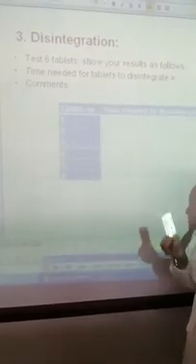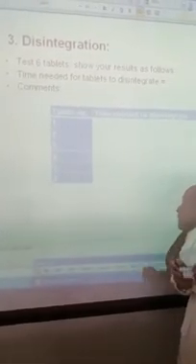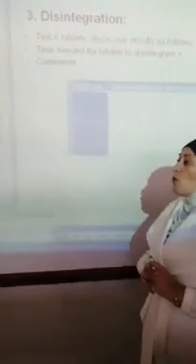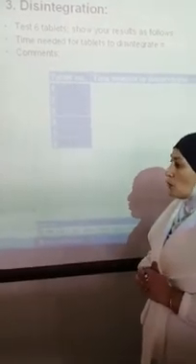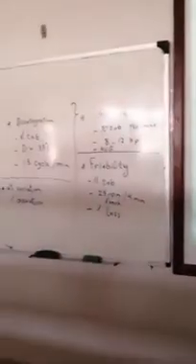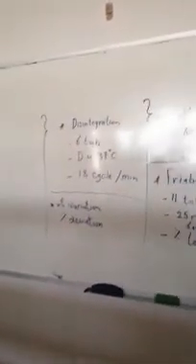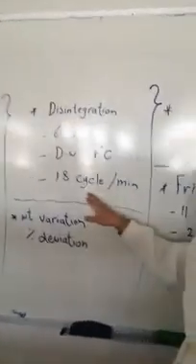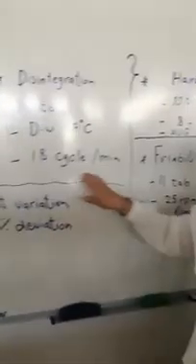Because our tablets are uncoated tablets, we have to take just 6 tablets for step 1 and put them in distilled water in a disintegrator, just distilled water with the temperature 37 centigrade, and it will be cycled 18 cycles per minute.